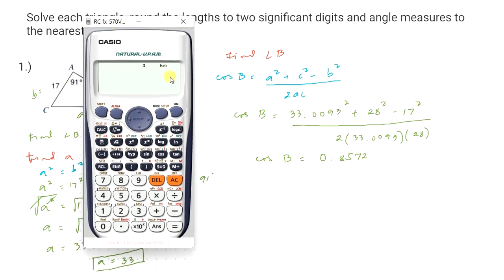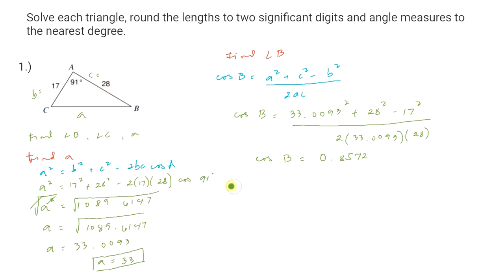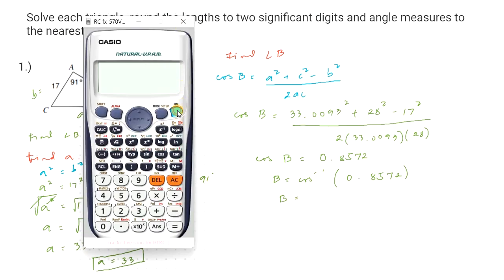And since we're looking for the angle B, your B now is equal to the cosine inverse of 0.8572 to get our angle B. And using our calculator, we can now find the value of our angle B. So, shift, cosine, and then 0.8572, and that is equal to 30.99.